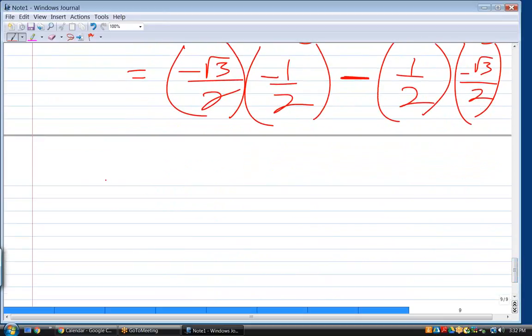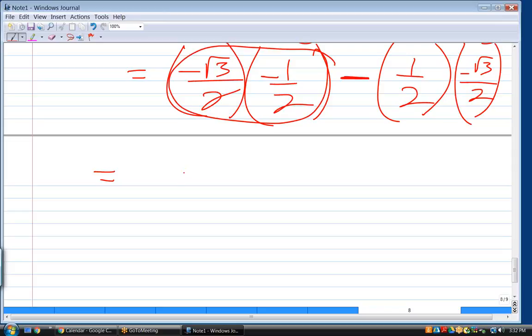And then reduce it accordingly. What's the product of those two? Root 3 over 4. And what's the product of these two? Root 3 over 4. Positive or negative?